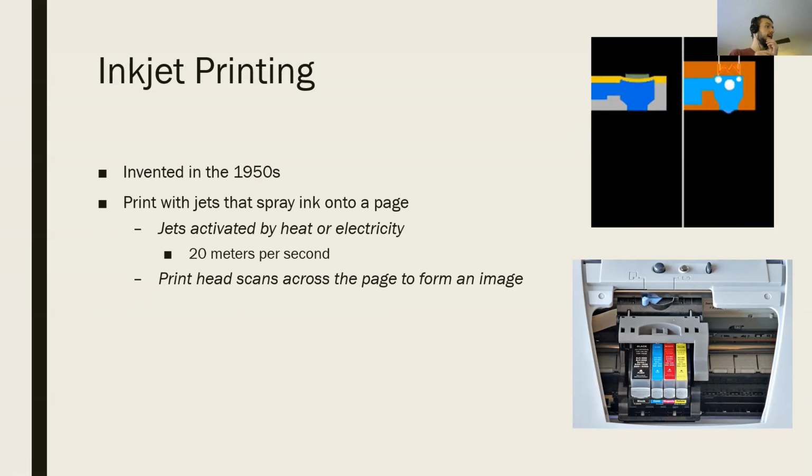So in this way, it's able to trace out an image or the text of a document in a way that has been digitized. And this kind of printer is advantageous because it can print anything that can be digitized. If you can take an image and convert it into a pattern of electrical impulses that can be sent to an inkjet, that can then be printed.